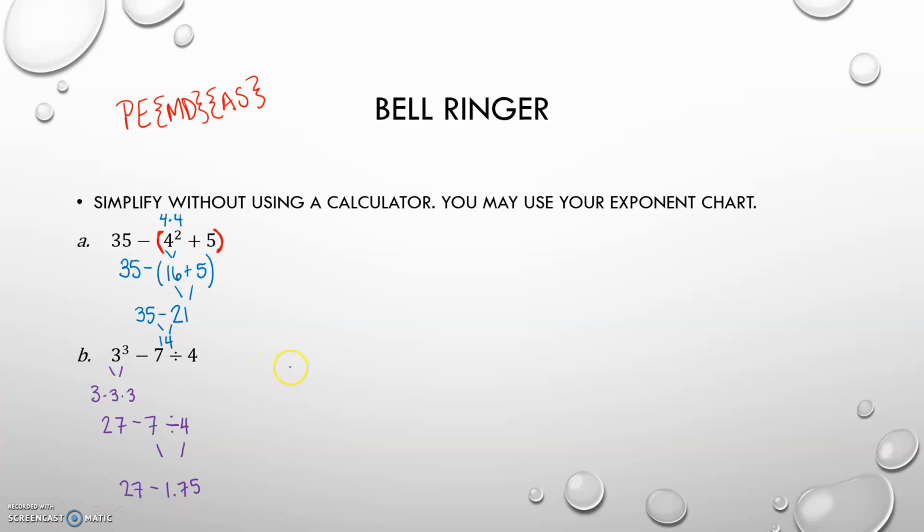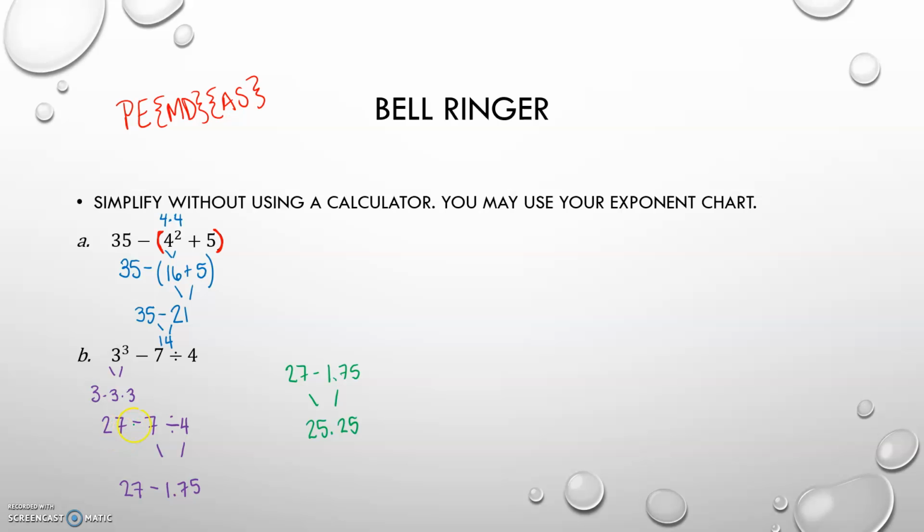So then, when I do my subtraction and I do 27 minus 1.75, I'm going to get 25.25. Now I said do that without using a calculator, and so that might have been a little tricky, but that's okay. I just wanted you to see the process here.